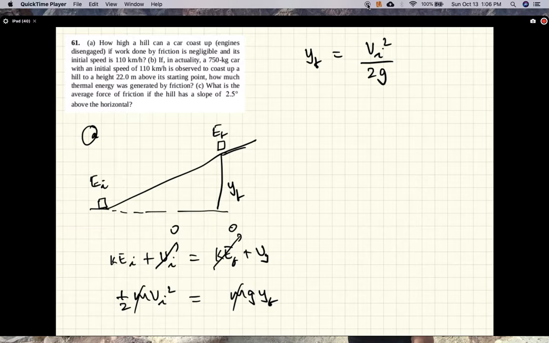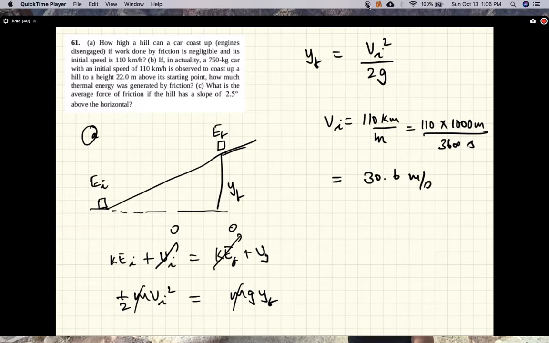Alright, now let's convert the speed into meters per second. So V initial is 110 kilometers per hour, which is 110 times 1,000 meters divided by 3,600 seconds. So the initial speed works out to 30.6 meters per second.